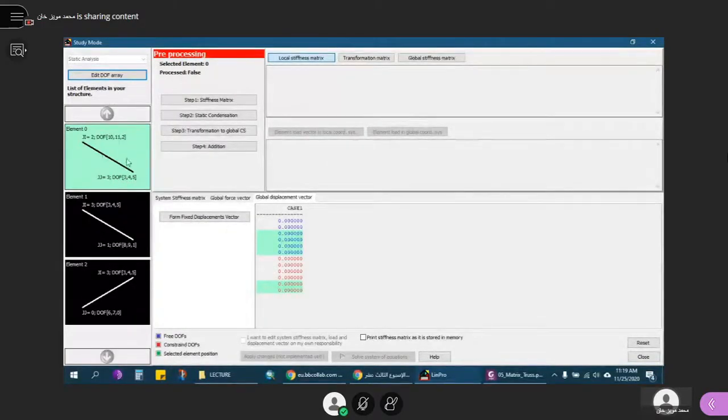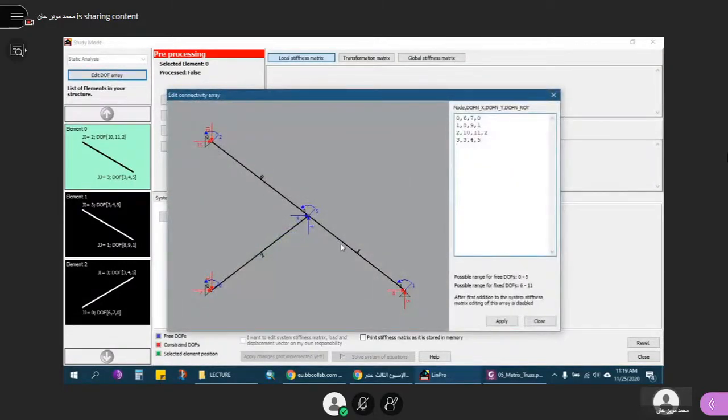If you have any doubt about which direction is what, go to the array and look over here. For element 0, we have it like this. So it is always 10, 11, and 2. It is always horizontal first, vertical next, and then the rotation. That is the arrangement of the degrees of freedom.